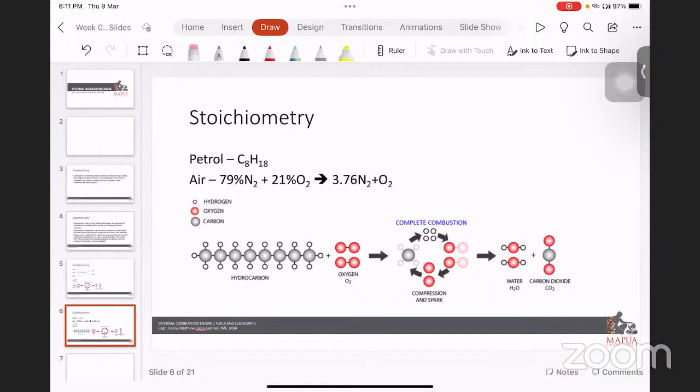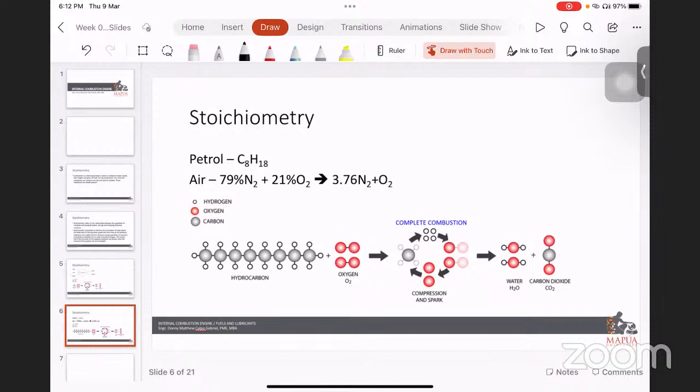In any given amount of air, we would assume that there would be 79% nitrogen and 21% oxygen. So yun lang assumption natin ha. So ang petrol, meron tayong C8H18. Ang air is meron tayong 79% nitrogen at saka 21% oxygen. So meron na tayong fuel, meron na tayong oxygen.